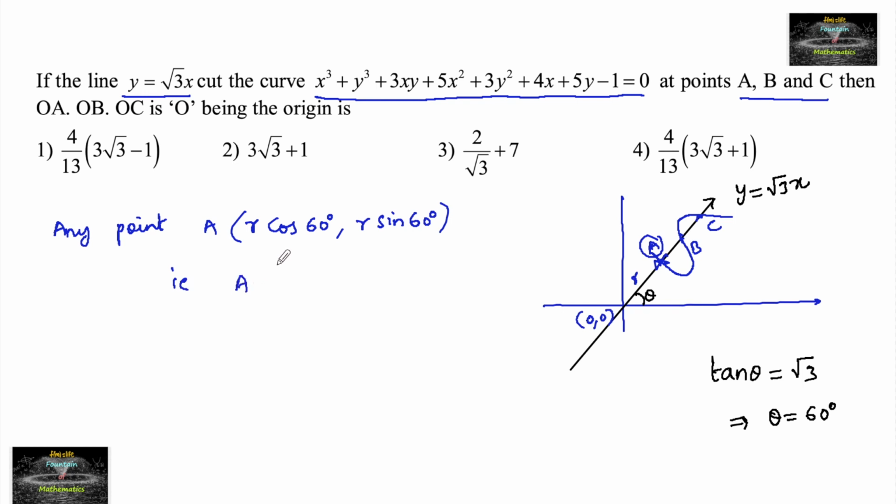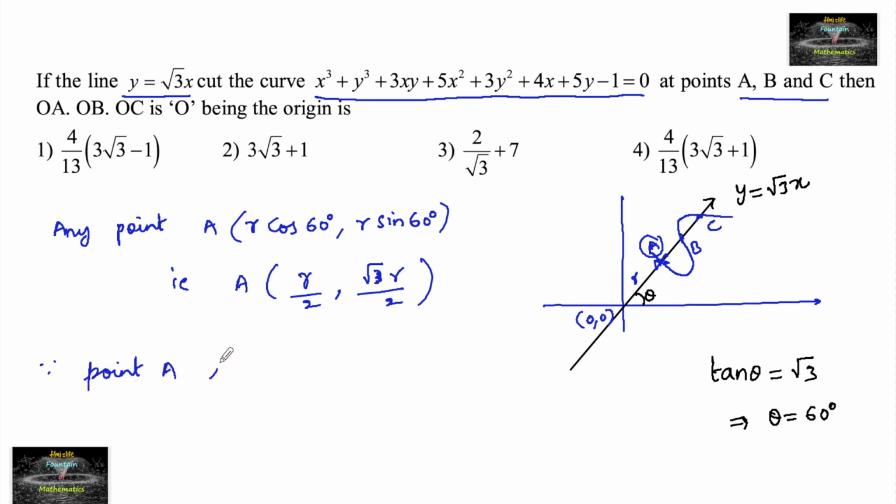So that is the point we can take here. R cos 60 is 1 by 2, so that is r by 2. R sin 60 is root 3 r by 2. So this is the point A.